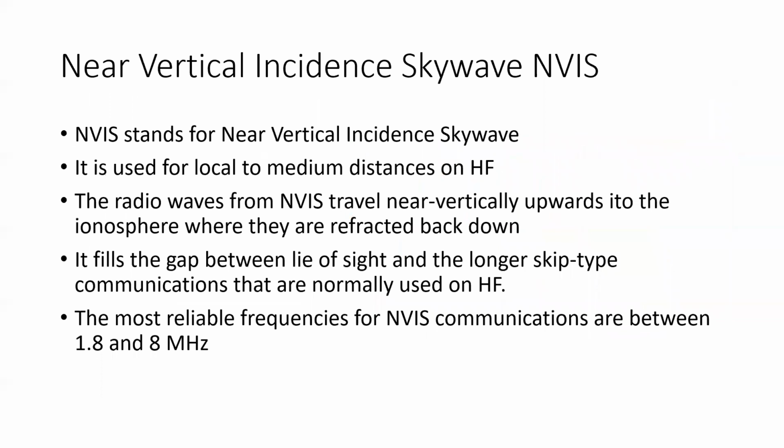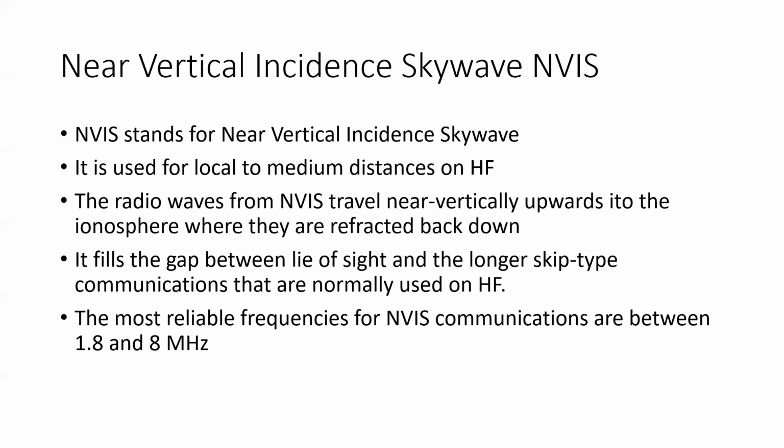All right, well, the four letters NVIS in ham radio mean near vertical incident skywave. It's used for local to medium distances on HF. The radio waves for NVIS travel nearly vertically upwards into the ionosphere, where they're refracted back down.